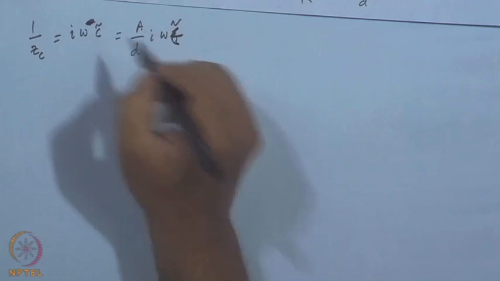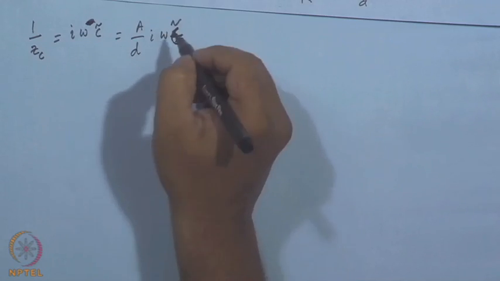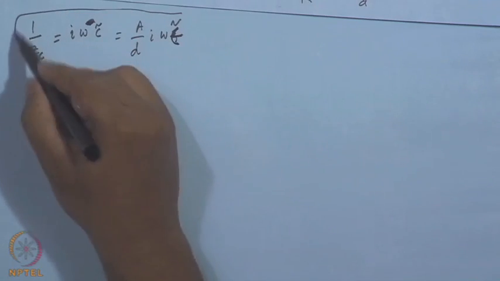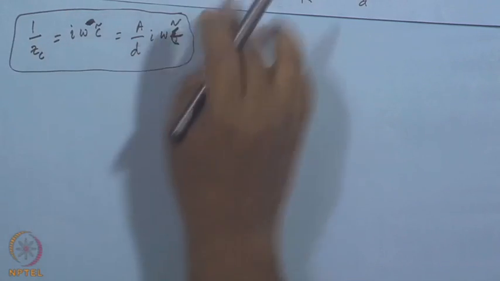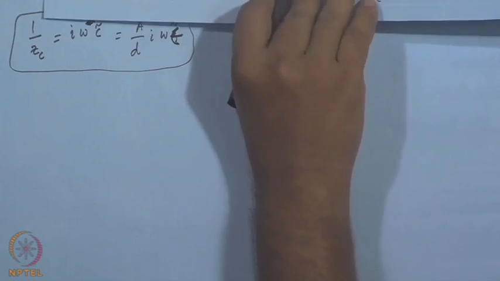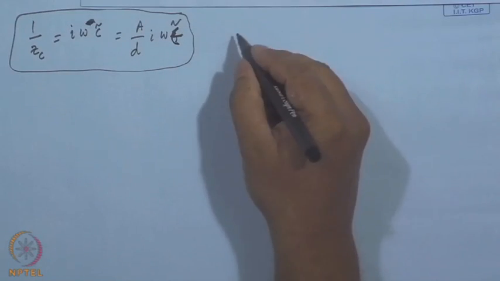So, if one wants to define capacitance that way, that is also possible. In that case, it would be this 1 by ZRC.